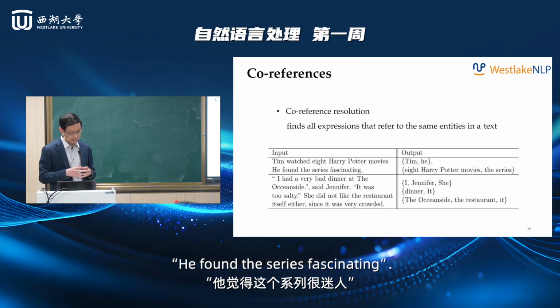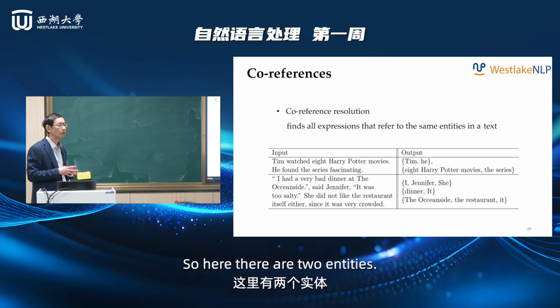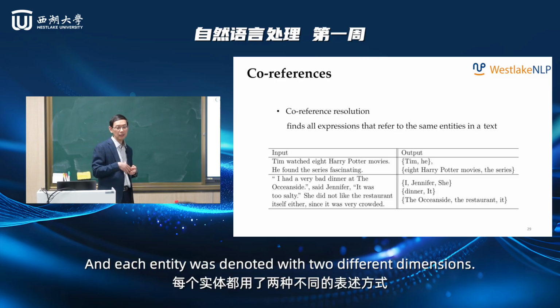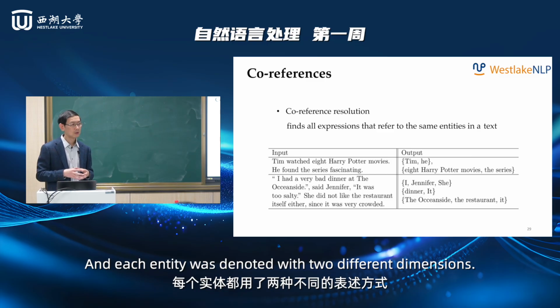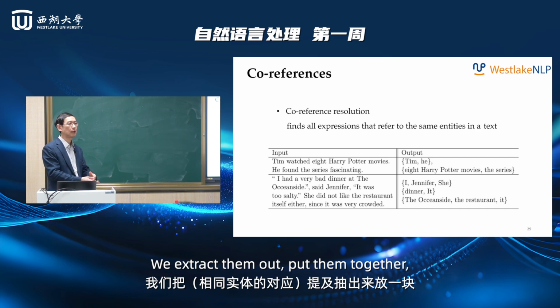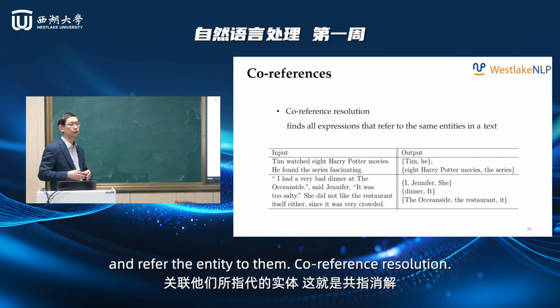He found the series fascinating. So here there are 2 entities. One is Tim the person, one is the Harry Potter movies. And each entity was denoted with 2 different mentions. We extract them out, put them together, and refer the entity to them. Coreference resolution.